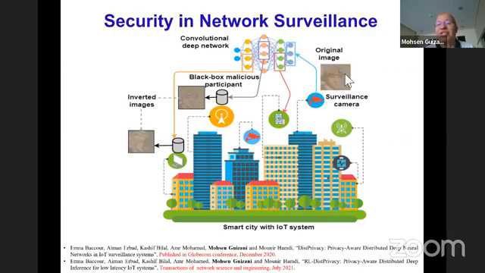So the original image is captured and sent to the convolutional neural network, as you can see here, or the convolutional deep network, and we use segments here to segment this image, and then get the information using black box malicious participants, and invert the image so that we can make sure that we recognize these people using face recognition.